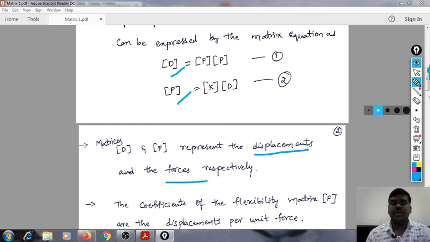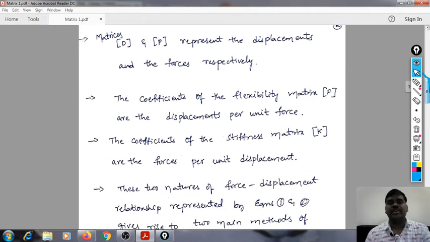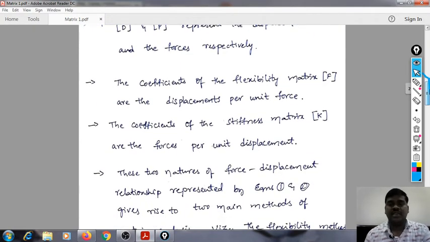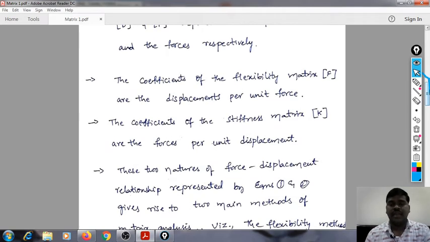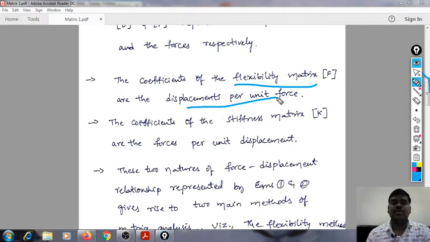Coming to the next point, the coefficients of the flexibility matrix are the displacements per unit force, whereas for the stiffness matrix they are the force per unit displacement. So again it is clear that the flexibility matrix and the stiffness matrix are opposite to each other. This is displacement per force, and for the stiffness matrix it is force per displacement.